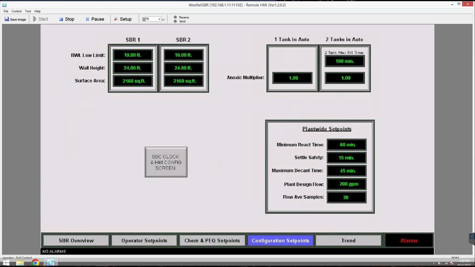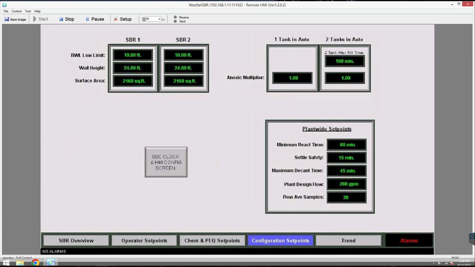So if you've got an old system, yes, you will put in wall height. But whatever you put in, it will subtract a foot from that and say, that defines my buffer. That defines how much higher over top water level I can go in these extremely high flow situations. I'm going to use that space above top water level rather than put fill into a tank that's in settle or decant.